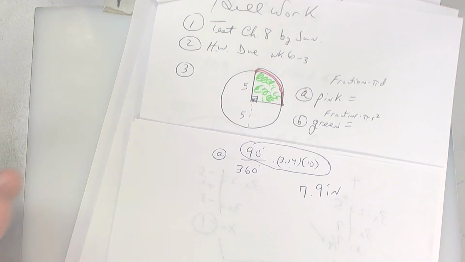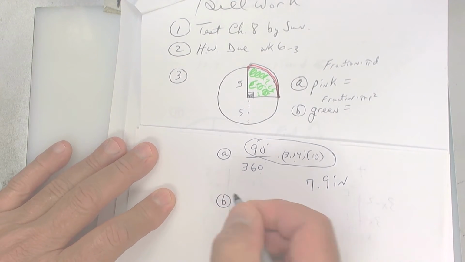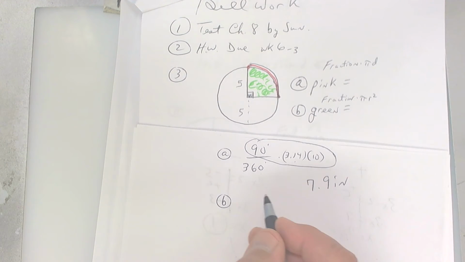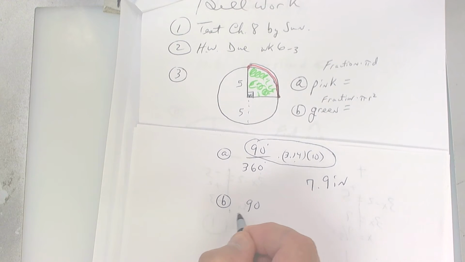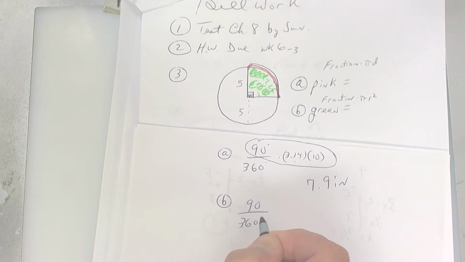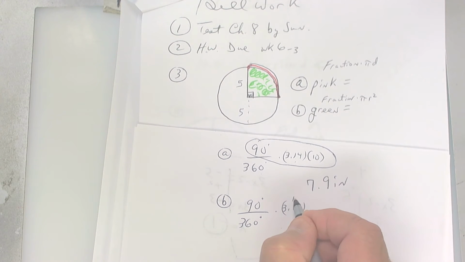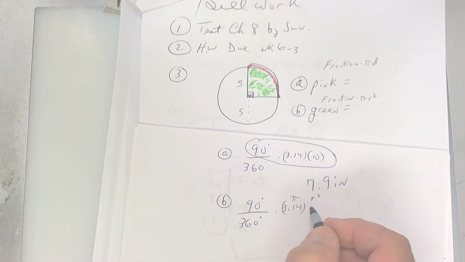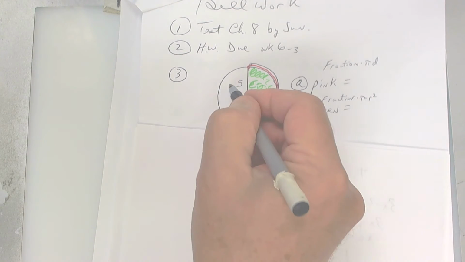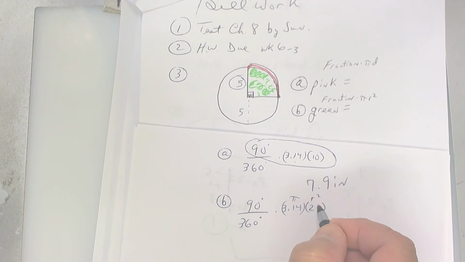Now find the area of the green one. Well, the green one is area, so you're going to do the same fraction, so 90 over 360, because it's a fraction of the whole circle, times pi, 3.14, times the radius squared, because you've got to use the area formula. The radius is 5, so 5 times 5 is 25.